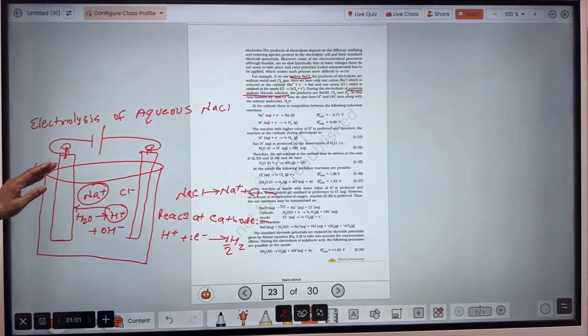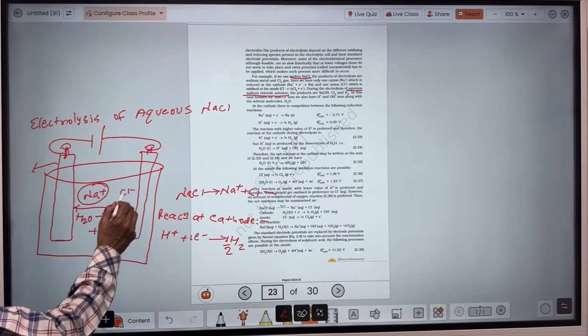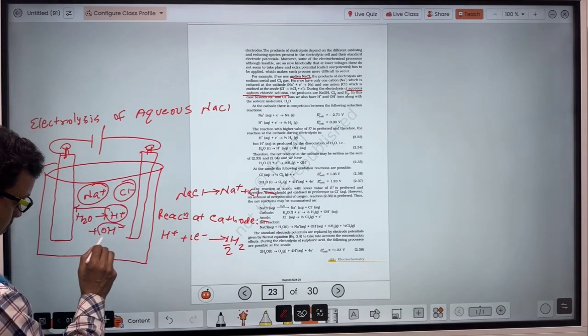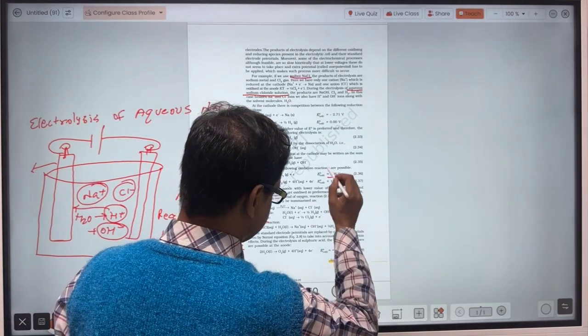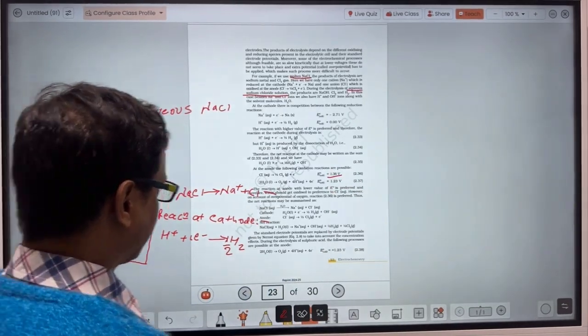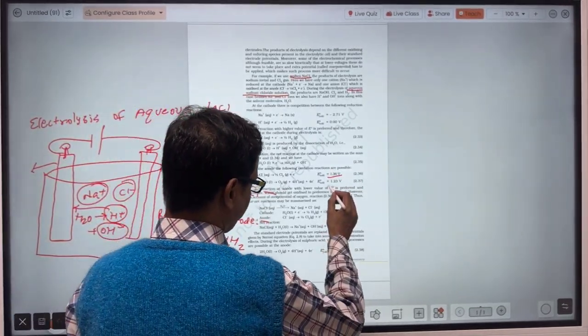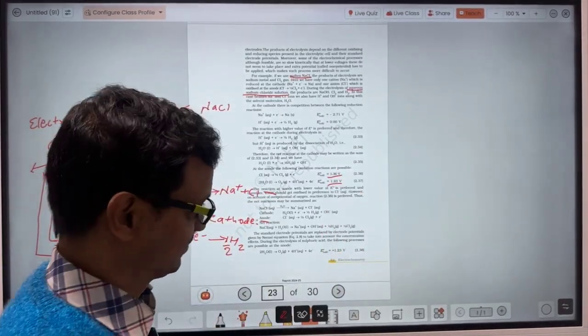And then at the anode, the anions are Cl minus and OH minus. Now the standard electrode potential of Cl minus is 1.36 volt and that of water is 1.23.